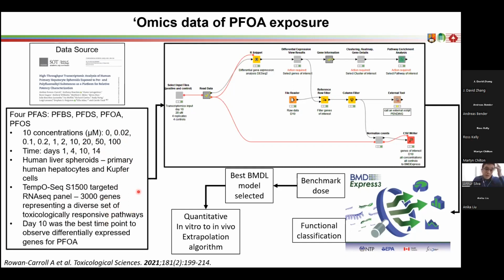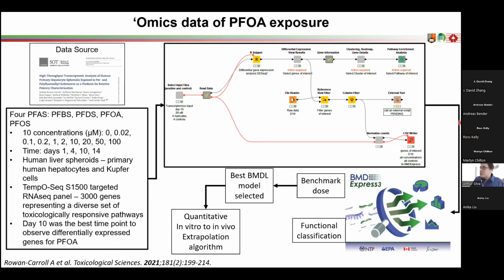Importantly, they state that day 10 was the best time point to observe differentially expressed genes for PFOA, so we focused on day 10, 20 micromolar. We got the 4 replicates for this concentration and the 4 controls as well, for an initial analysis of this data.